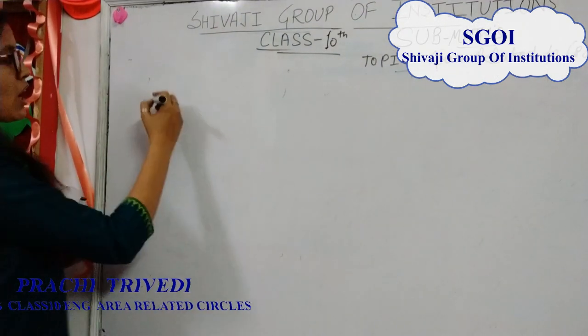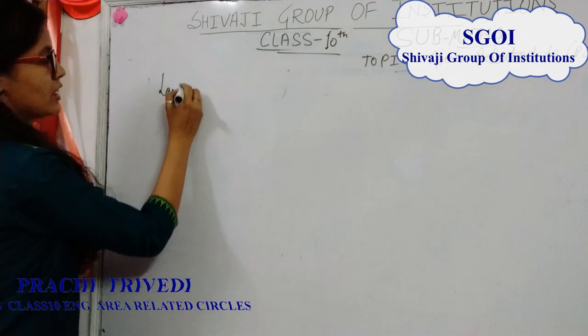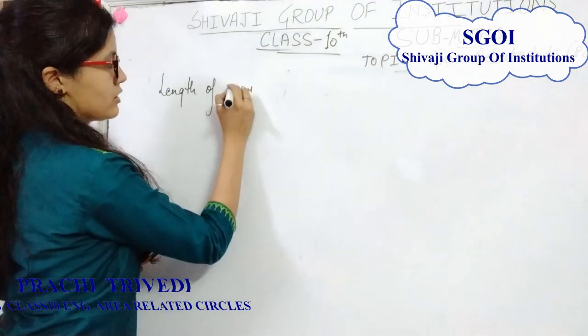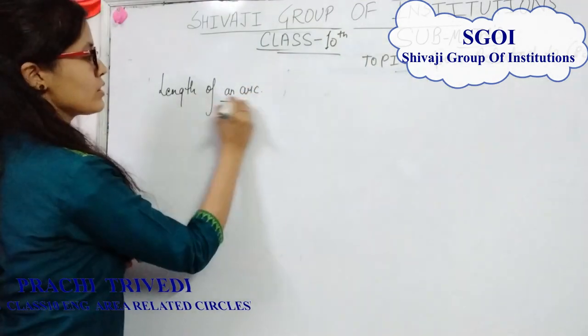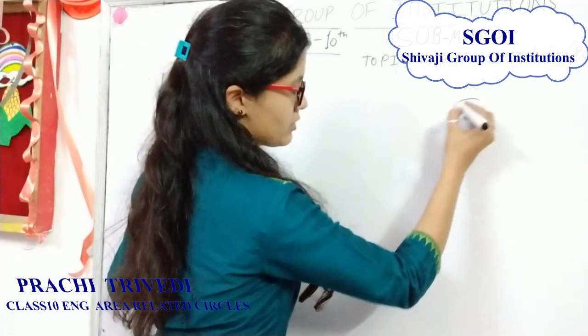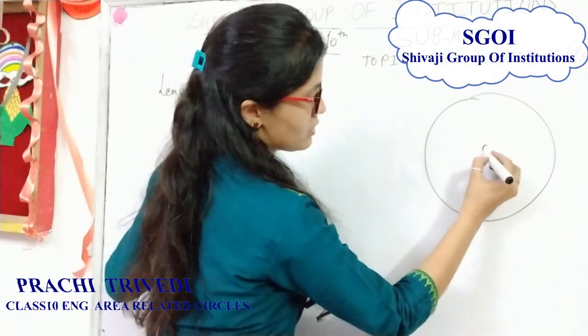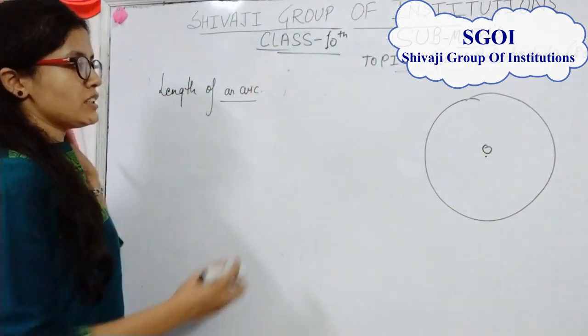Now students, how do we find the length of an arc? For example, there is a circle C whose center is O and radius is r.